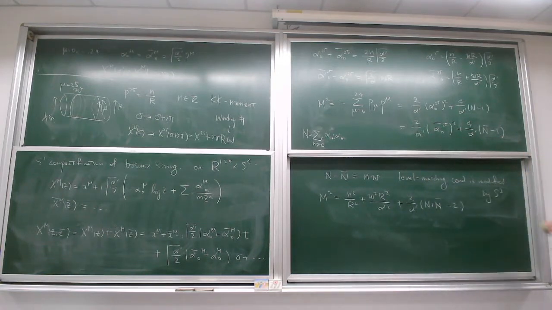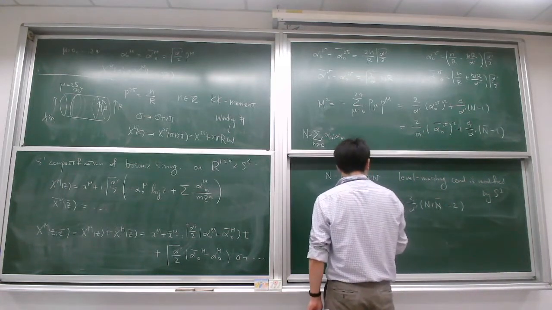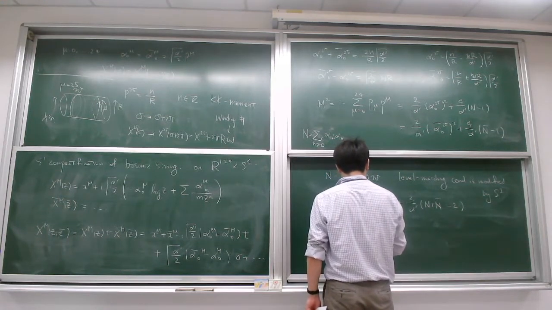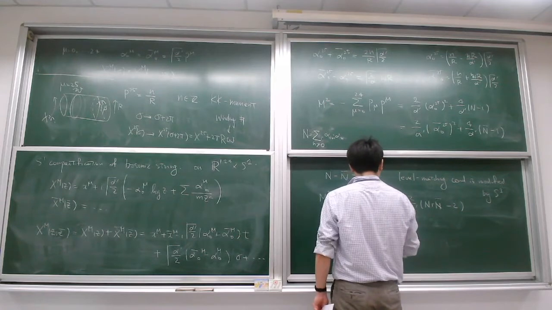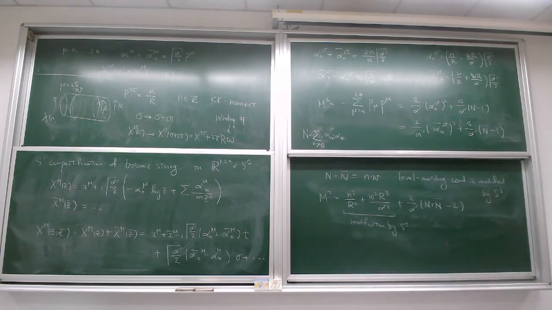Here I just summed them up and divided by 2. So mass also depends on Kaluza-Klein momenta and winding, and this is the modification by circle compactification.